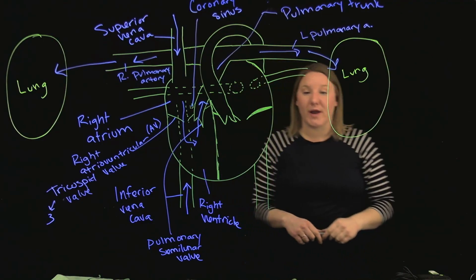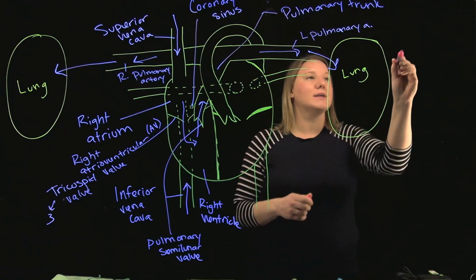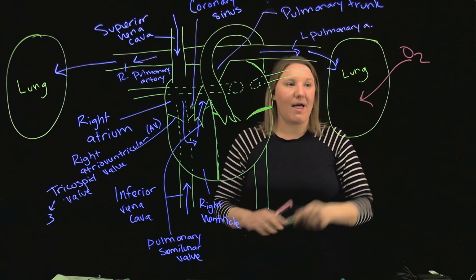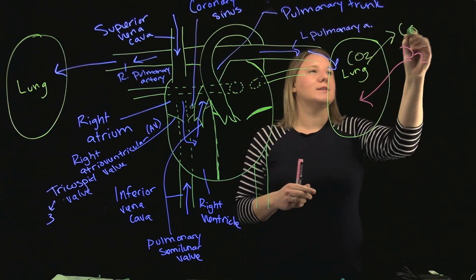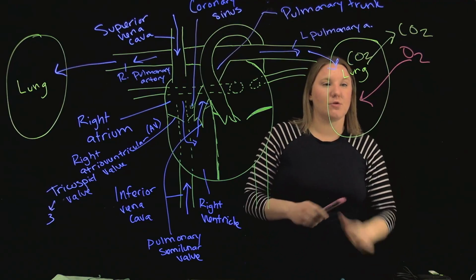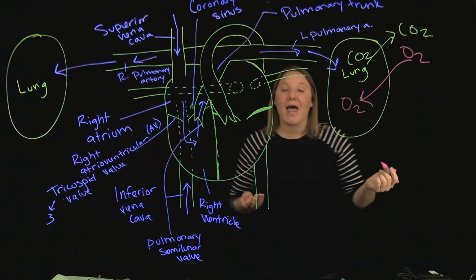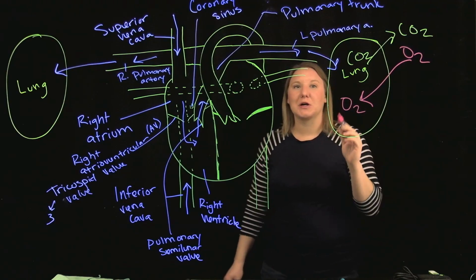At the lungs is where gas exchange is going to occur. So we are going to add oxygen into the blood and allow the carbon dioxide to exit the blood. We'll study this in great detail later. So now that we have high oxygen blood, we are going to switch to the pink marker.